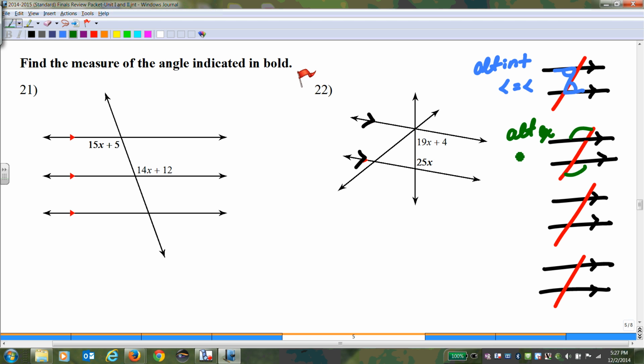Alternate X. That's also angle equals angle. Then you have corresponding. One's in, one's out, same side. That's also angle equals angle.